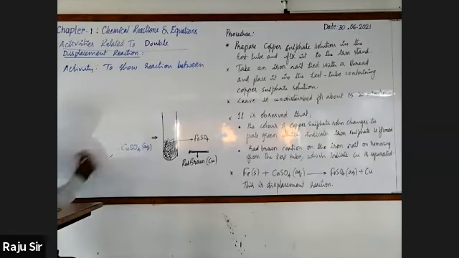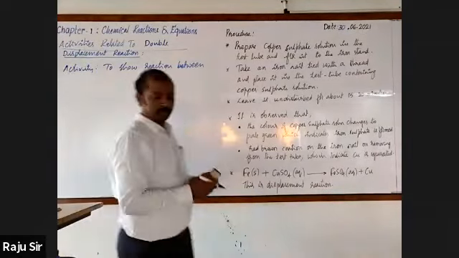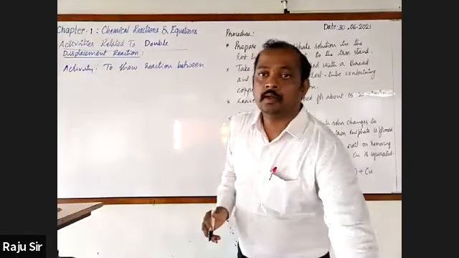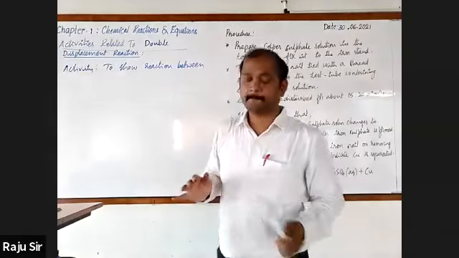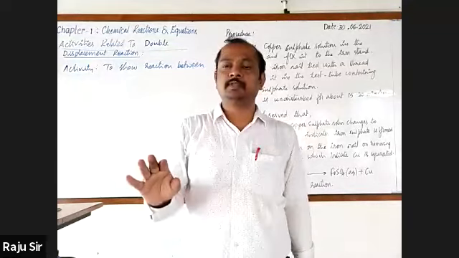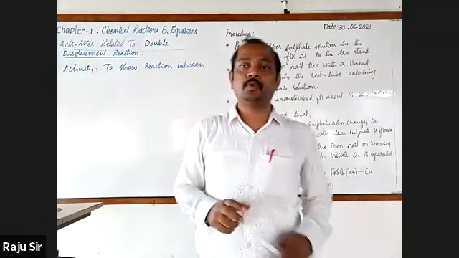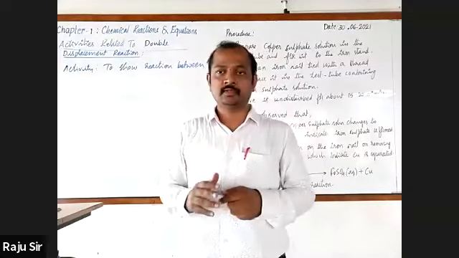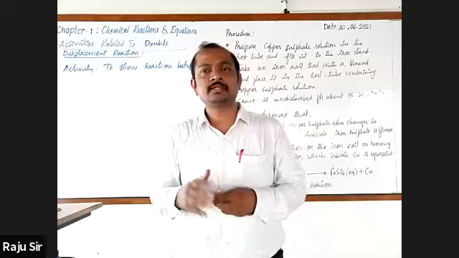This activity is also very simple. Listen carefully. Dear students, you are very familiar with the two compounds. One is barium chloride and the second one is sodium sulfate. What is the color of the crystals of barium chloride?